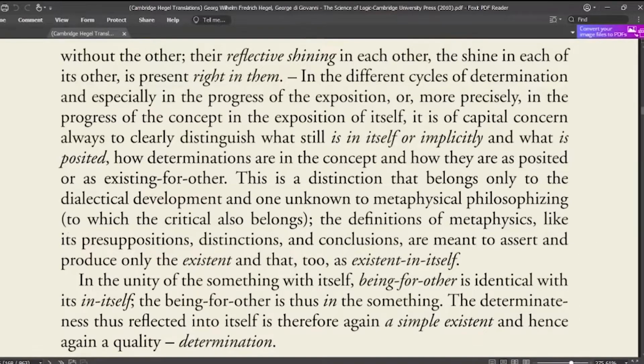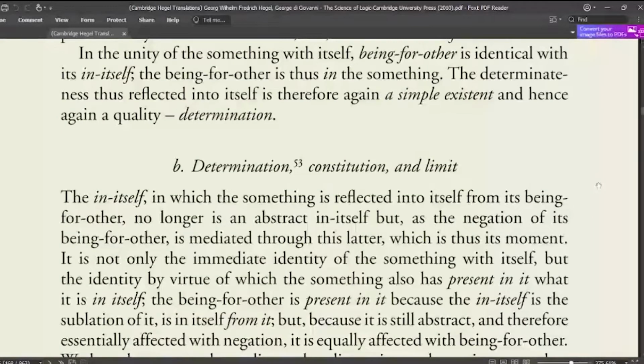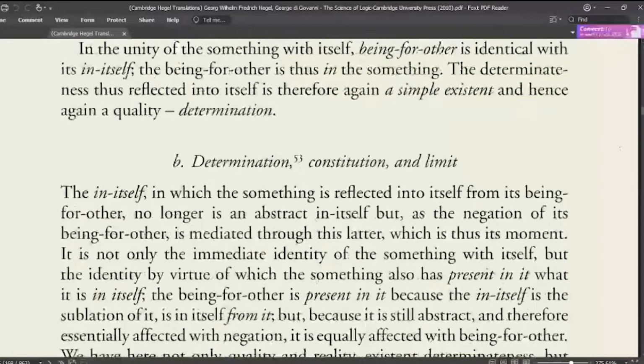So if Hegel remains a metaphysician, it is only in a very, very new sense, in which to be a metaphysician is to be a thinker of the true in itself, which is not an indeterminate thing in itself which has no relationships, but actually is a thing in itself full of relationships, full of its own internal otherness, to which it refers itself to no other but itself, which also happens to be the nature of reasoning and meaning.